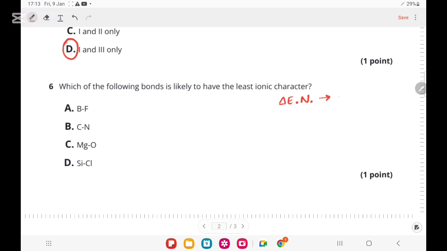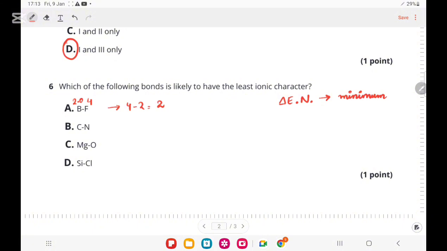So the electronegativity of boron is 2.0 and fluorine is 4. So its electronegativity difference is 4 minus 2, that comes out to be 2.